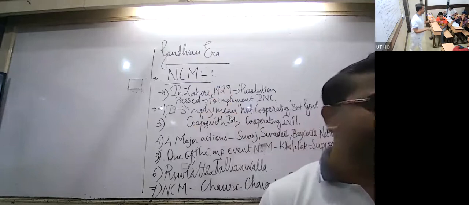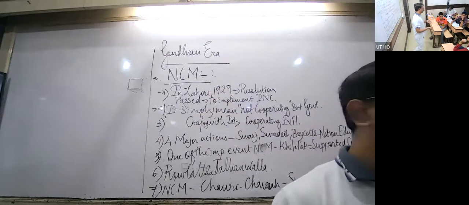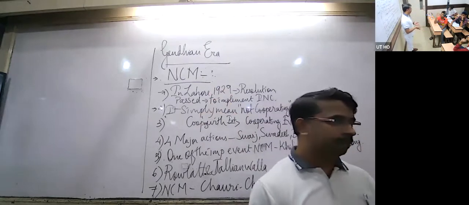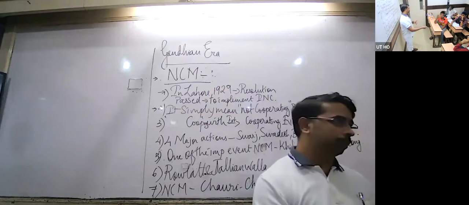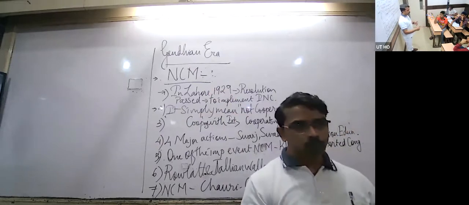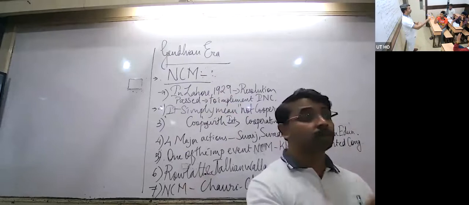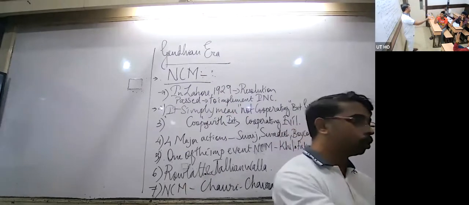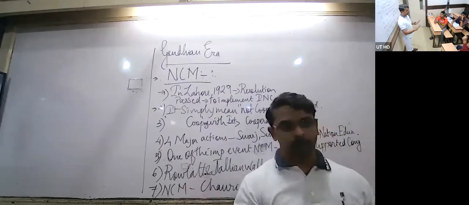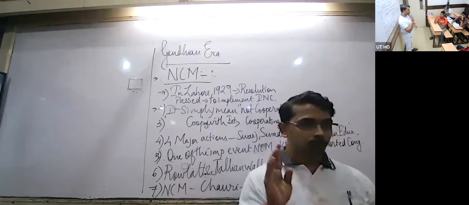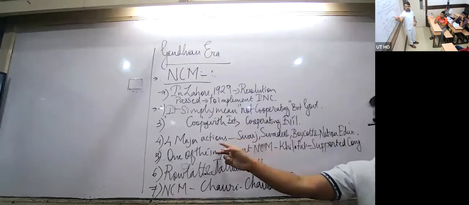For you and me, I have given you different ways of not cooperating. For an ordinary man, what will he understand? So Gandhiji said very simple: stop payment, stop respecting, stop going to any British-run schools. So for that, he introduced a fourfold program.